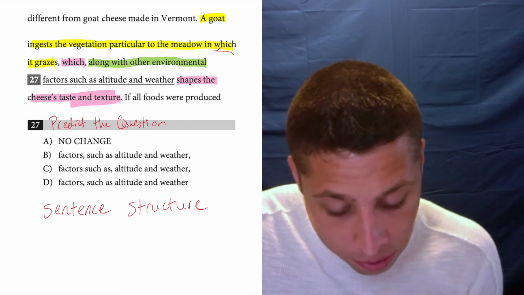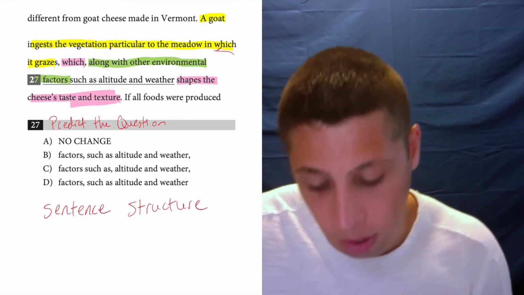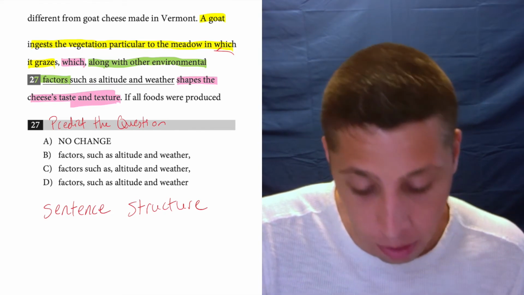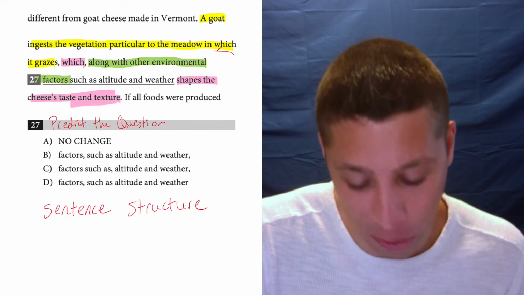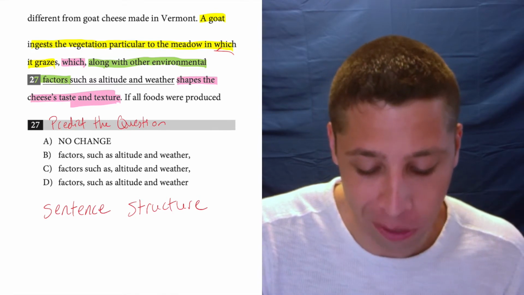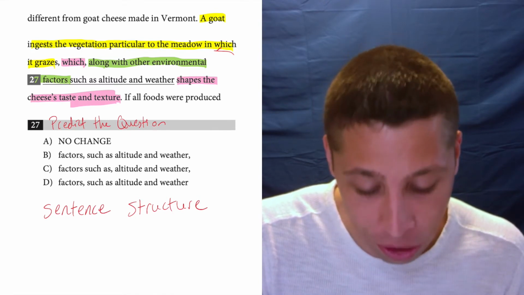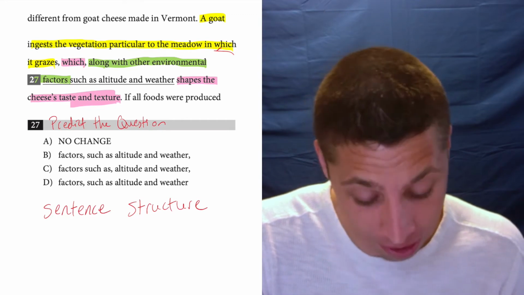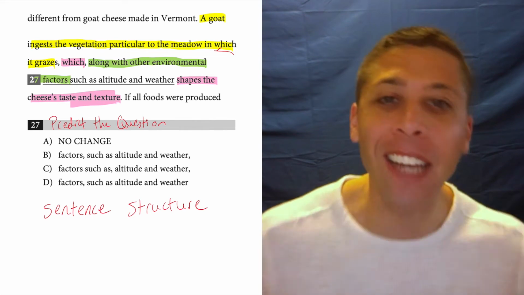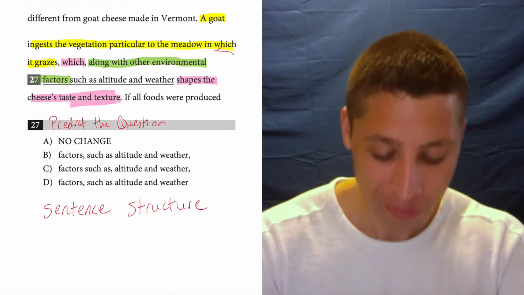This piece is absolutely a clause. So I could say, just to add in more stuff, a goat ingests the vegetation particular to the meadow in which it grazes, which, along with other environmental factors, shapes the cheese's taste and texture. Notice how we're slowly adding pieces in, okay?